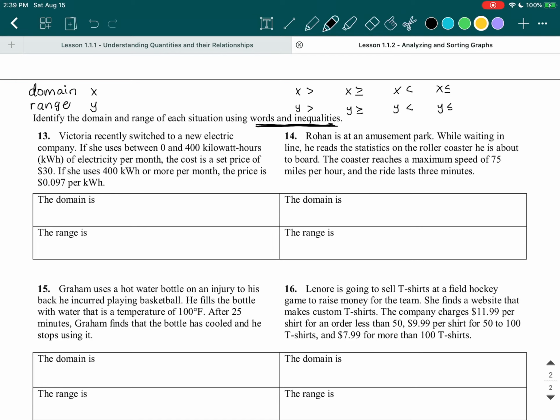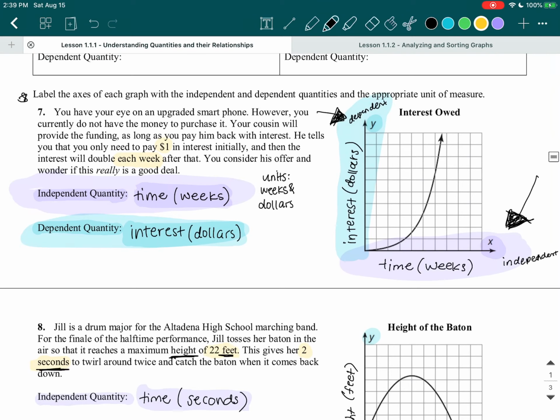Now I want you to think back to that first worksheet we did. We learned how to do independent and dependent quantities, right? And then once we knew what our independent quantity is, we took that independent quantity and placed it on the x-axis.